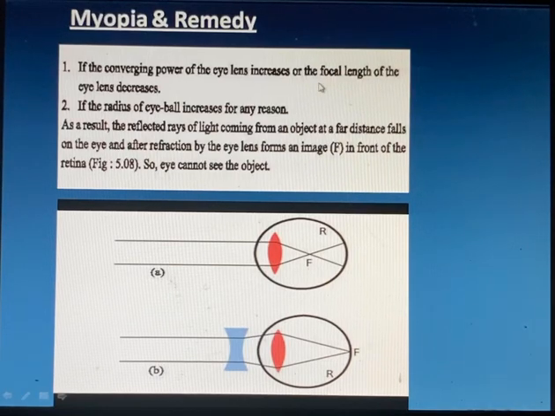However, another reason is that the focal length of the eye lens decreases. Focal length decreases here. Of course, you see what would be the normal focal length from here to there. This is the normal focal length, but during myopia, focal length is decreased to just this.